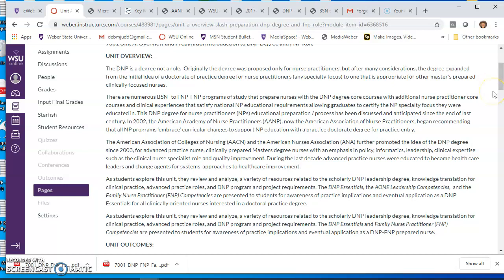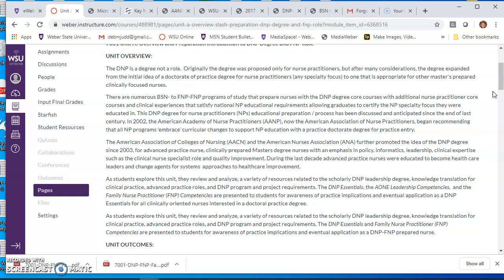What I want you to understand is that the DNP itself is actually an academic degree. The FNP is a role-specific certified process. We prepare you academically, and I'd like you to remember that you are not trained, but that you are prepared academically.